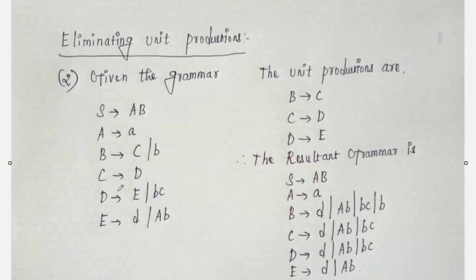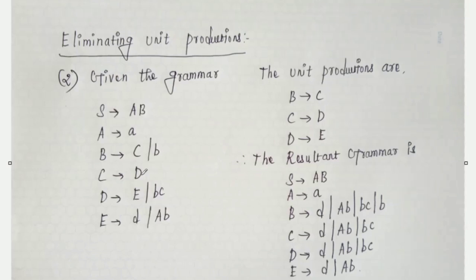C tends to D, D tends to E, E tends to d or AB. We remove the unit production and substitute capital C with its terminal productions, which are D or capital AB or bC. Then substitute here and leave the production b as it is. Finally, you will get D or AB or bC or b.